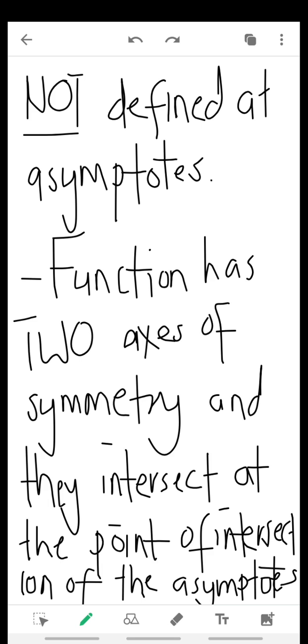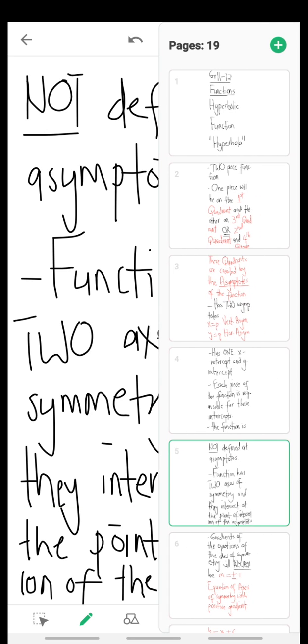Remember, the vertical asymptote and the horizontal asymptote will be perpendicular to each other at the point of contact. So that is what we are saying when we say the axes of symmetry intersect at the point of intersection of the asymptotes. Where the asymptotes meet, that's where they will also be crossing each other.